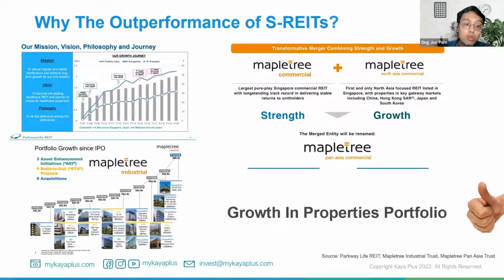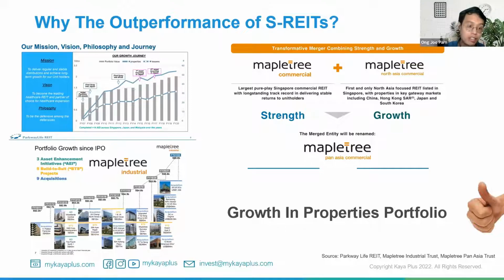The second way would be to buy as many properties as you can from the market out there. Every year, if there's an opportunity to grow your portfolio, just like investors, right? Today, the market is red. You think you've come across a very good stock, buy it. Same for REITs. If there is a good property that can generate a higher net property income, buy it. So you can see Mapletree Industrial, every single year, they have been on an acquisition spree.